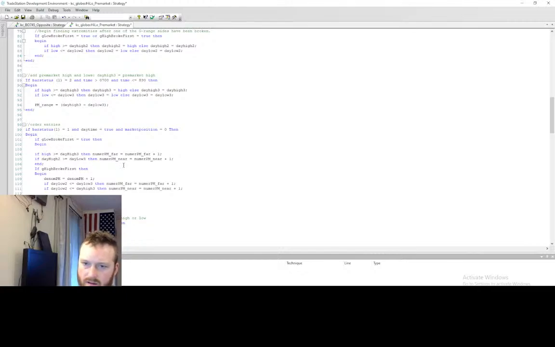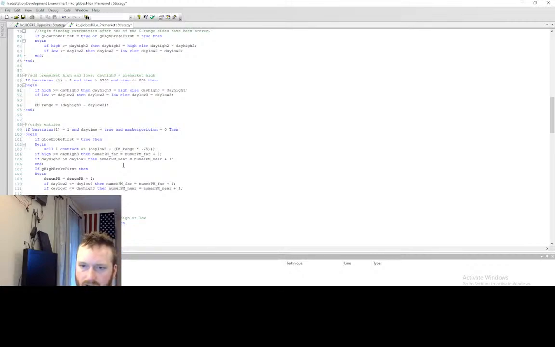So that just means sell one contract at day low 3 plus pre-market range times 0.25. So that's pretty close to the pre-market low anyways.